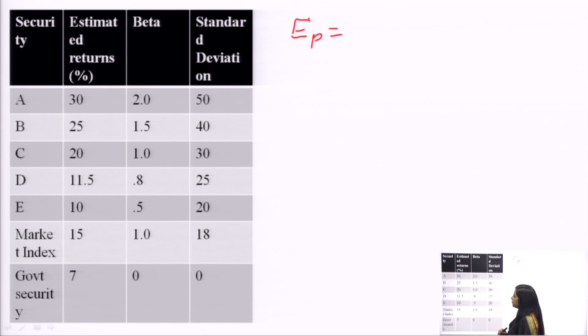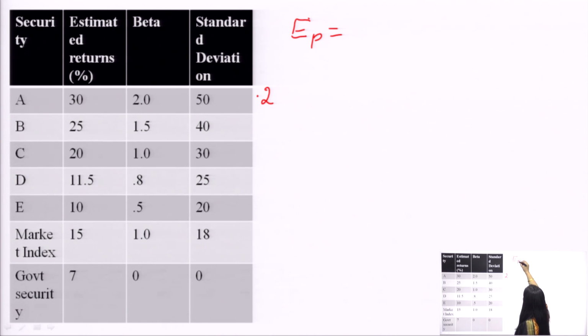Since it is not provided how much proportion of each security should be combined in the portfolio, I would be assuming that all the securities are combined in the same proportion. It means if there are 5 securities, we will be investing 0.20 in each security.